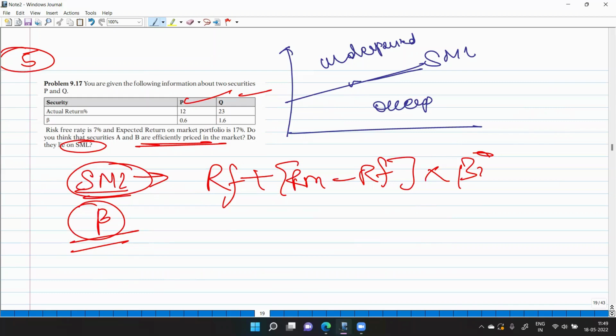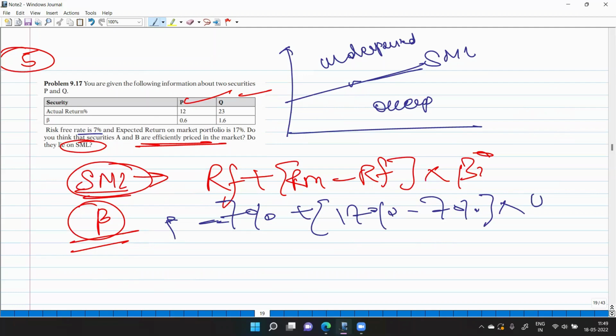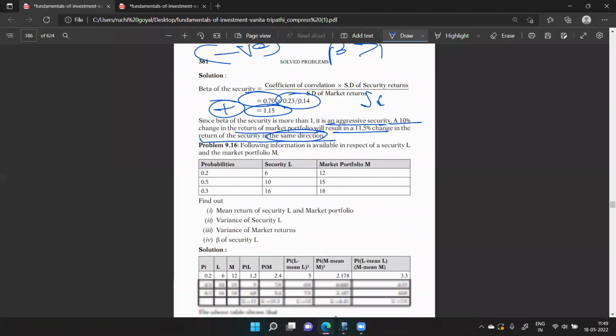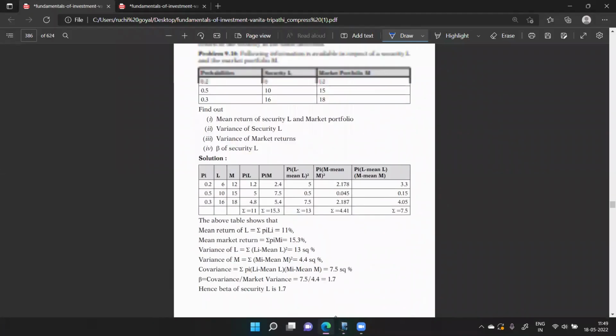Now let's see, Rf is given to be 7%. Rm is given to me as 17%, then again 7%. P का निकाल रही हूँ beta into 0.6. So this will come out to be for P, similarly for Q. Let's check. We have done this.